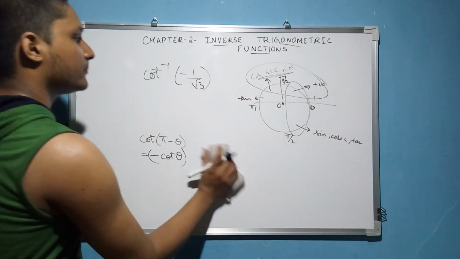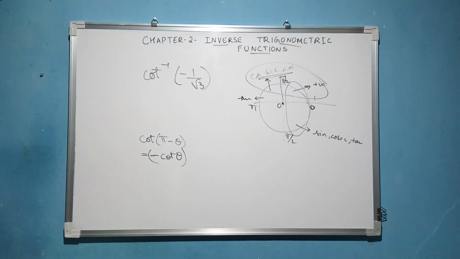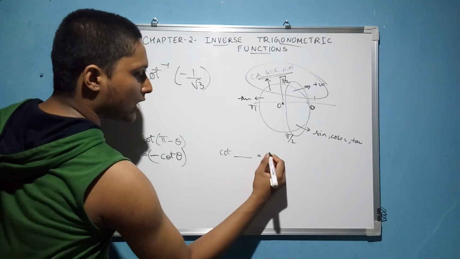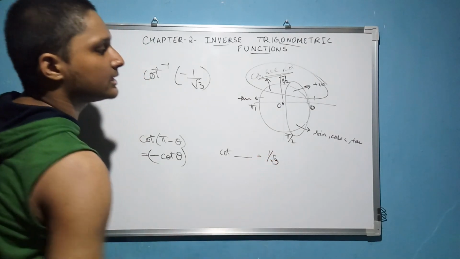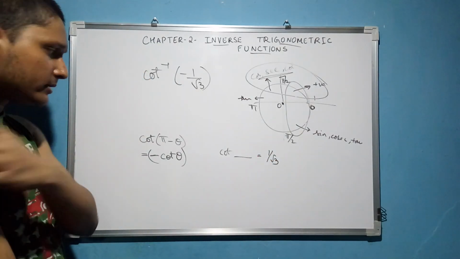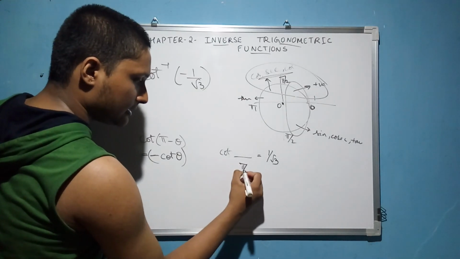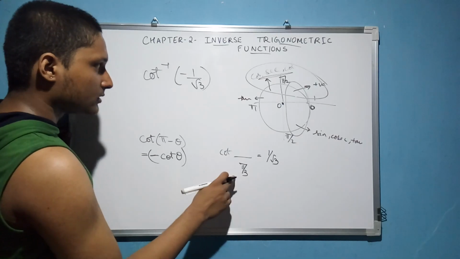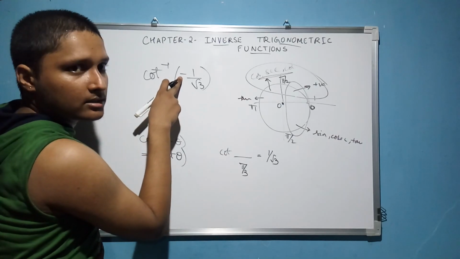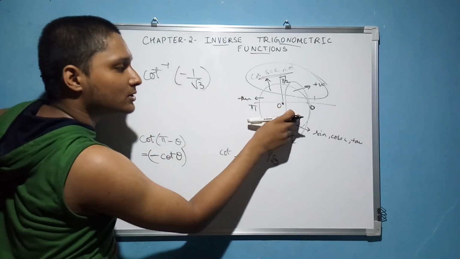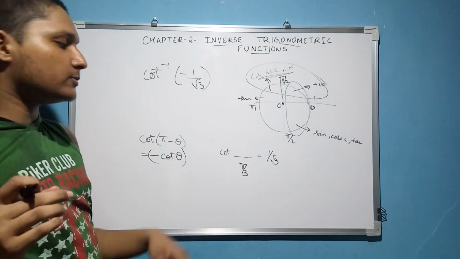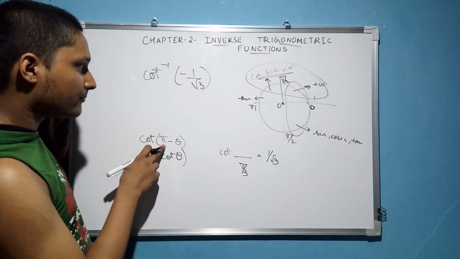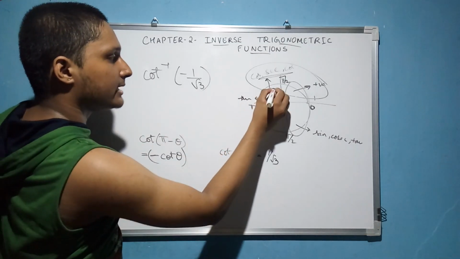So for 1 by root 3, we need to find some value for which cot of that value is 1 by root 3. Just by our knowledge, we know that for pi by 3, it comes to be 1 by root 3. But there is a negative sign here. Because it is not going to be in the fourth quadrant, I cannot directly write it to be minus pi by 3. So it is pi minus theta.